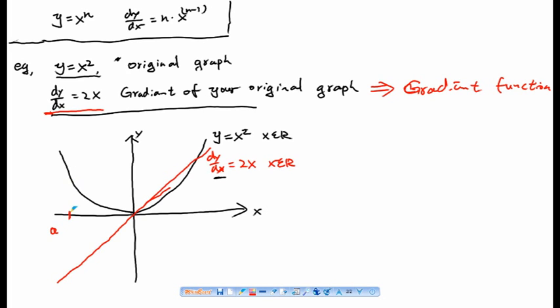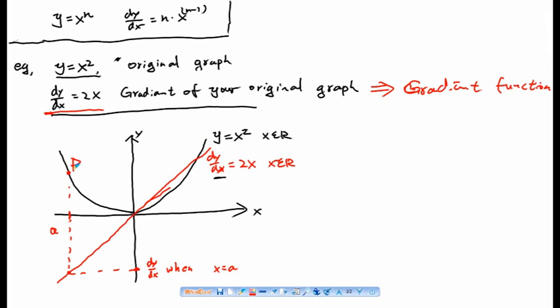When x equals A, and the point on the graph is P, the gradient at point P will be this value there: dy dx when x equals A. Basically the red graph shows us the gradient of the original graph and how it's changing.